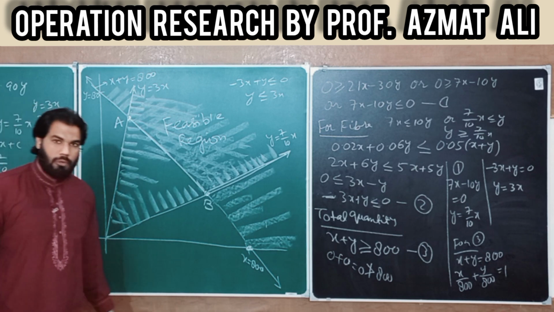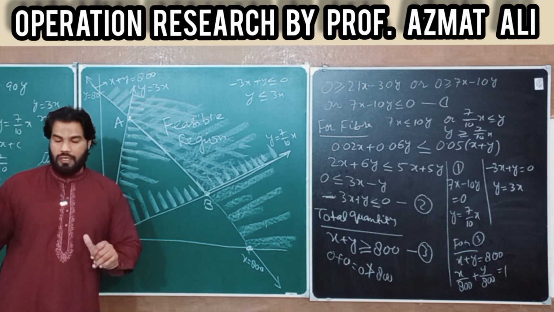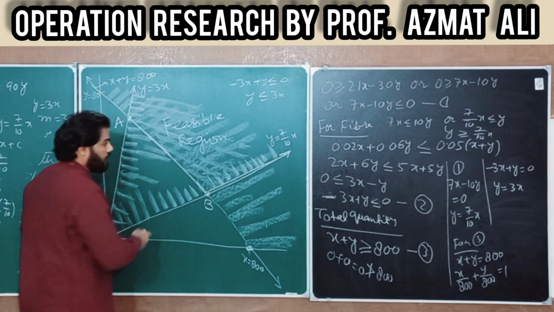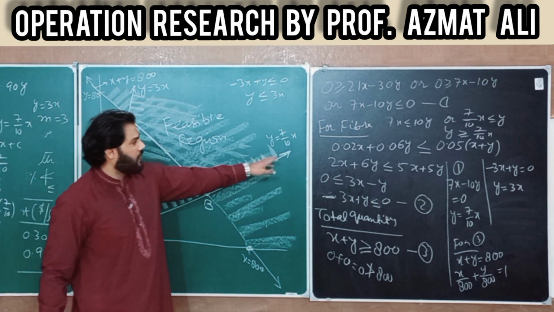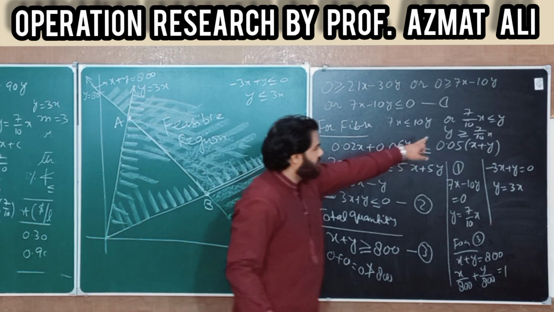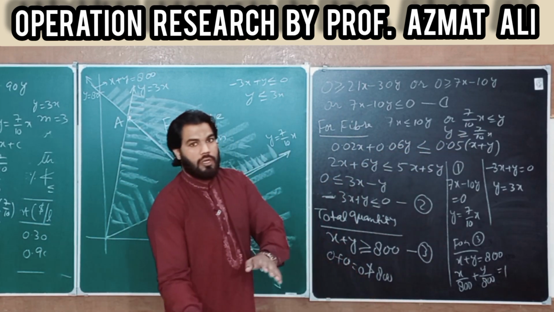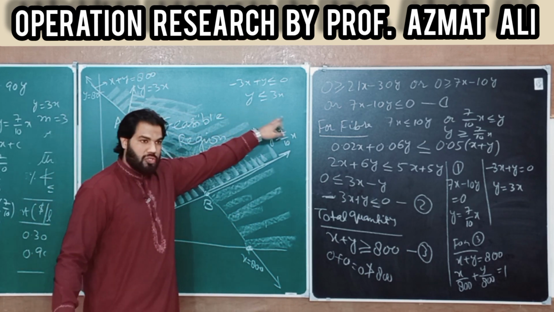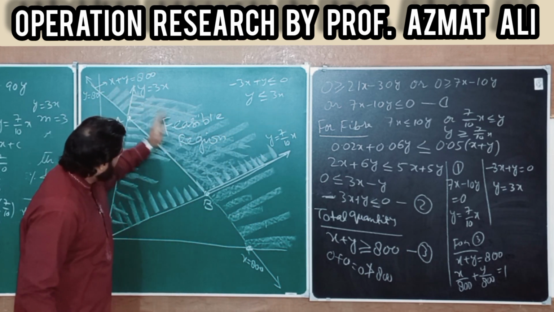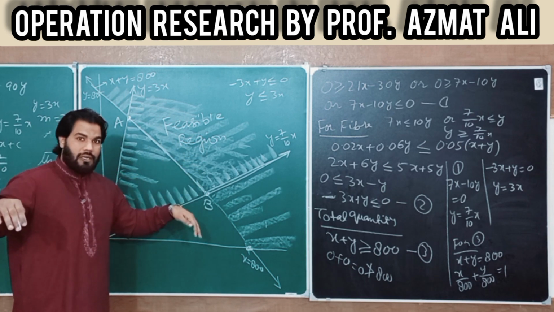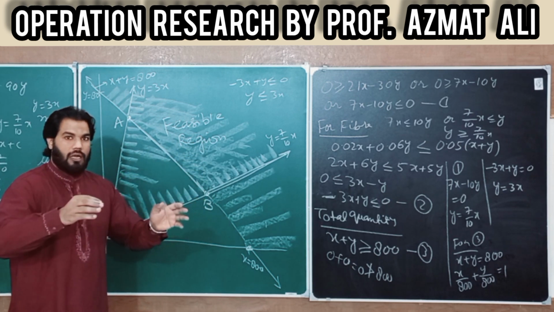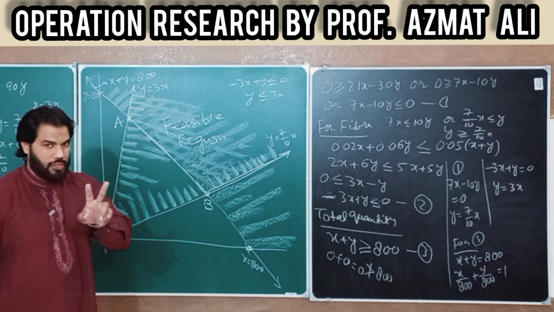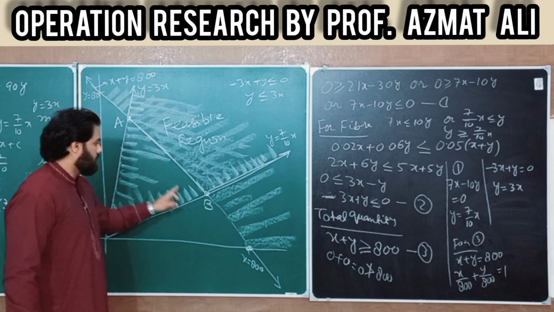So by using the concept of angle of inclination, I have made this graph. Because y is greater than or equal to 7 by 10x, the graph is above the line. In the last case, y is less than or equal to 3x, so the graph will be below the line. In all three constraints, the common graph represents our feasible region, and it has only two corner points, A and B.